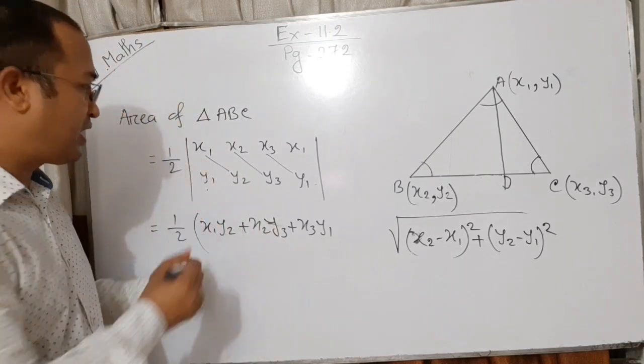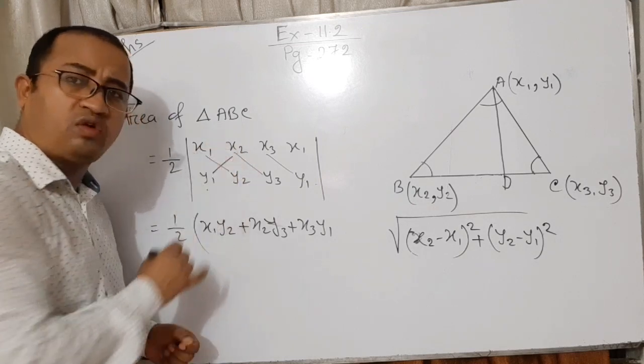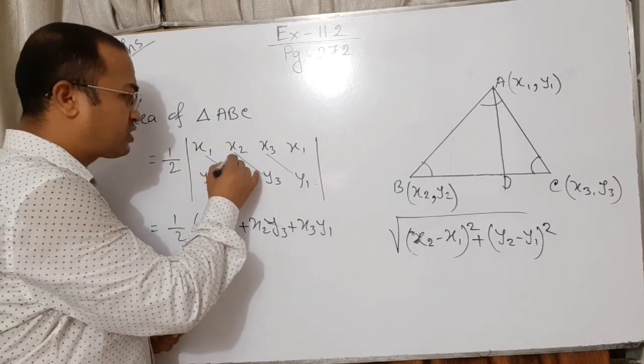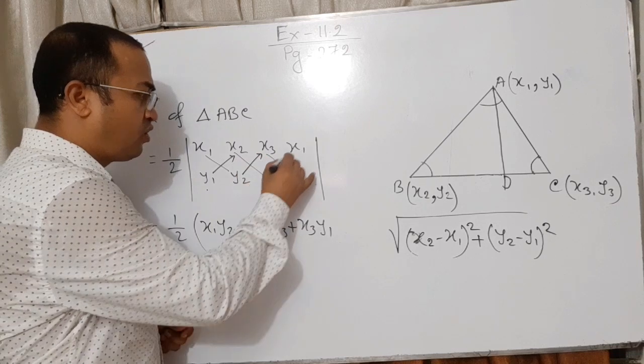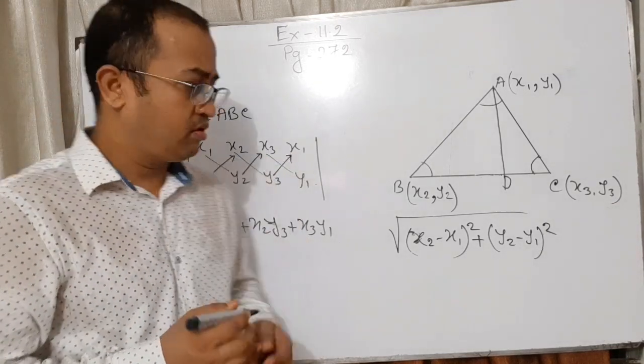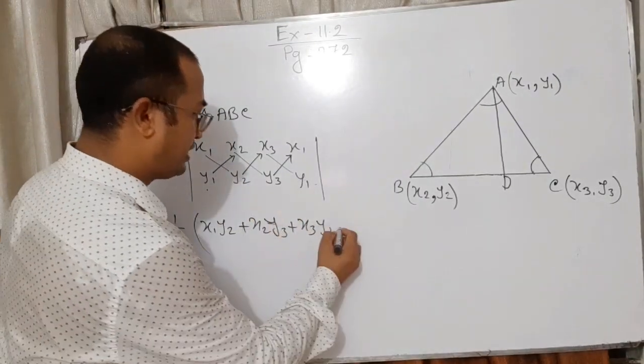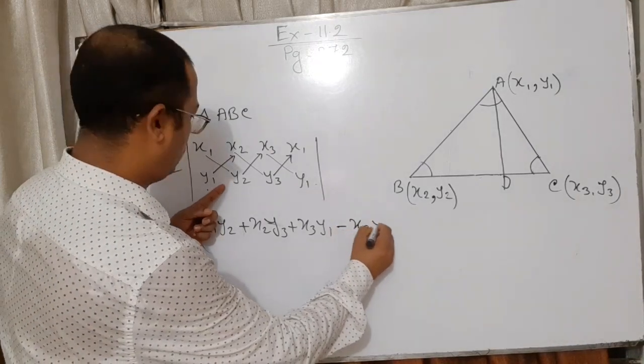Now, we will multiply in the alternative way, I mean from below one to upper one: y1 x2, y2 x3, y3 x1, and we will subtract these three. That one is x2 y1.